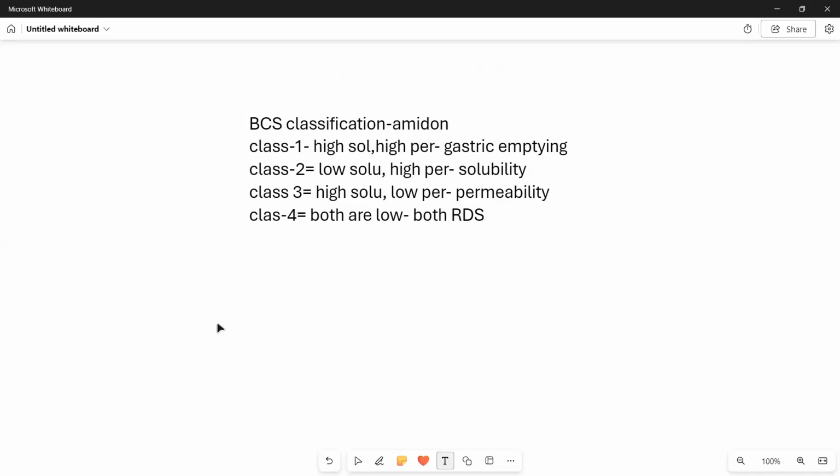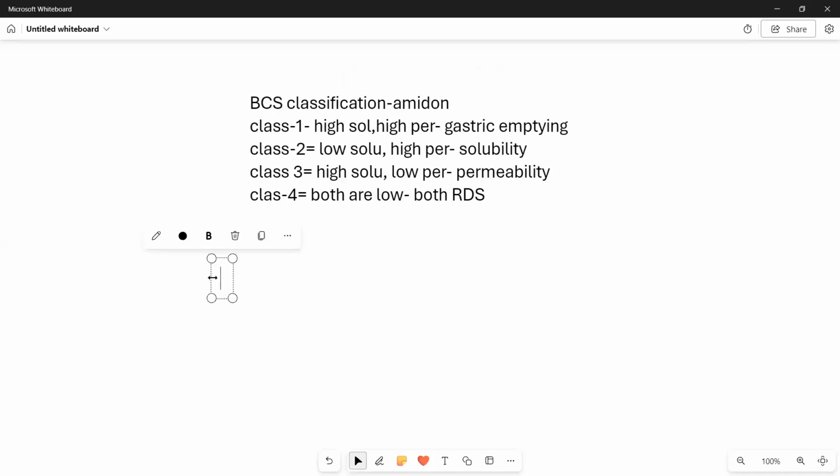While coming to the theories of dissolution, specifically three types of theories are given. The first theory is the diffusion layer model or film theory.